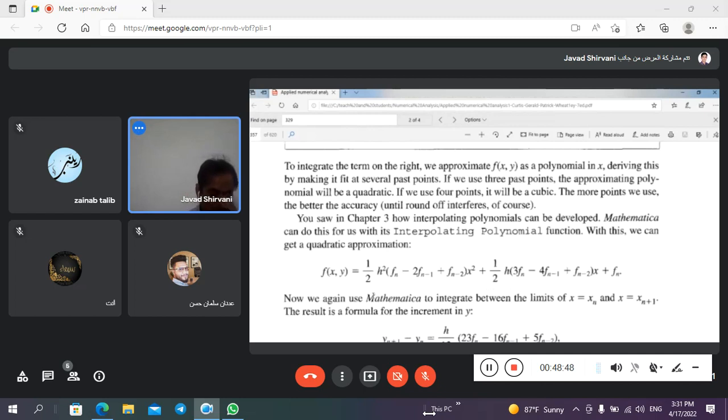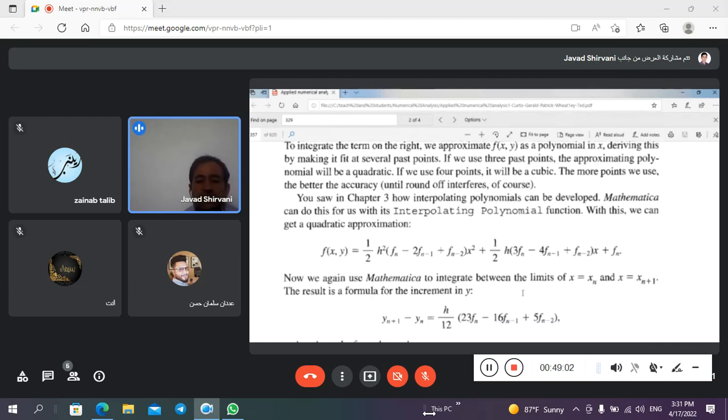As we mentioned in the previous course of numerical analysis, interpolating polynomials use this formula, which gives us quadratic approximations of f, as the differential y prime, or dy divided by dx.